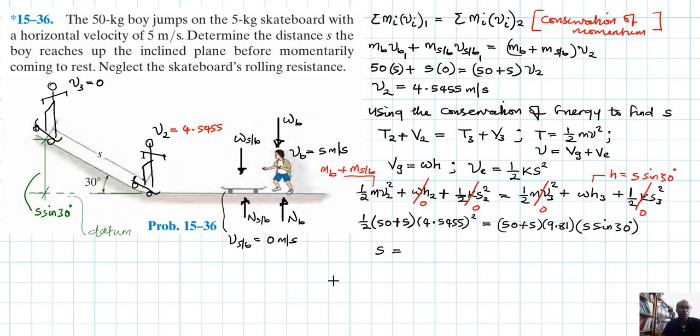So this gives us 0.5 by 55 by 4.5455 squared, divided by 55 by 9.81 by 0.5. Sorry, the 0.5 can cancel out on both ends. So 55 by 4.5455 squared divided by 55 by 9.81 gives 2.11.